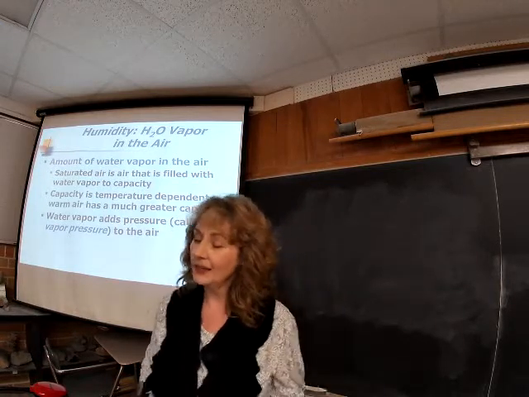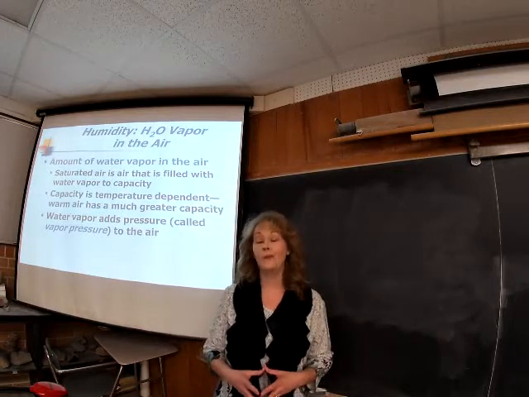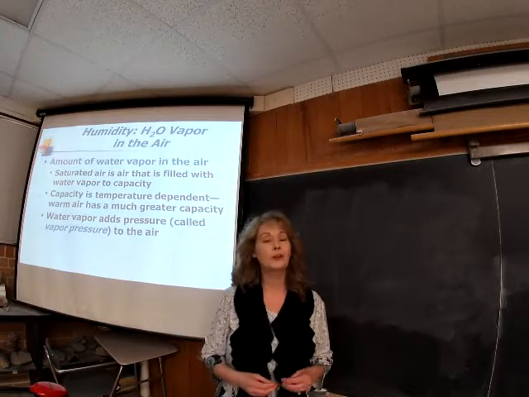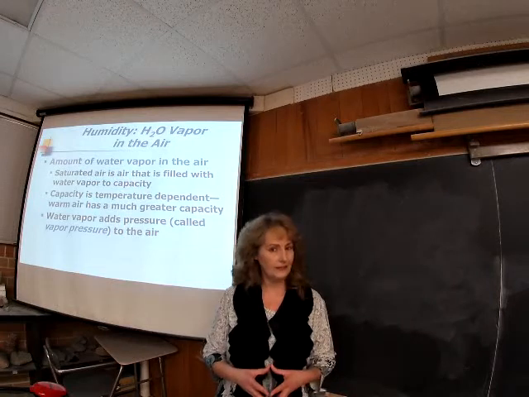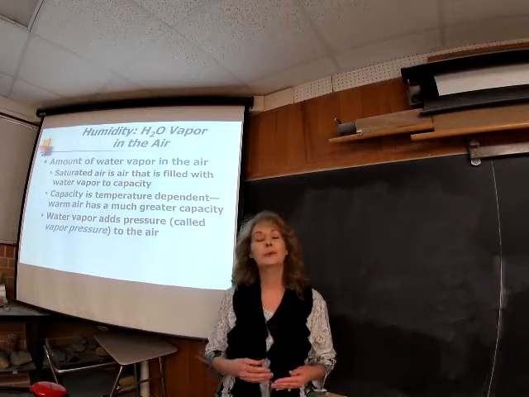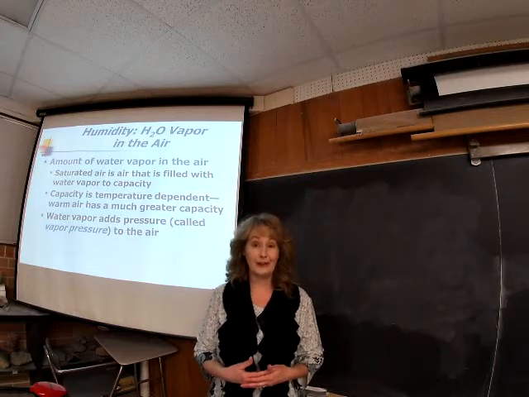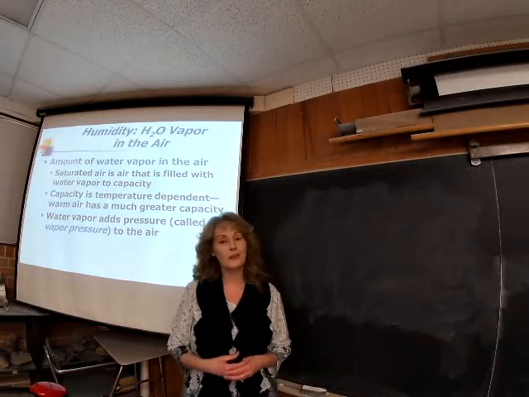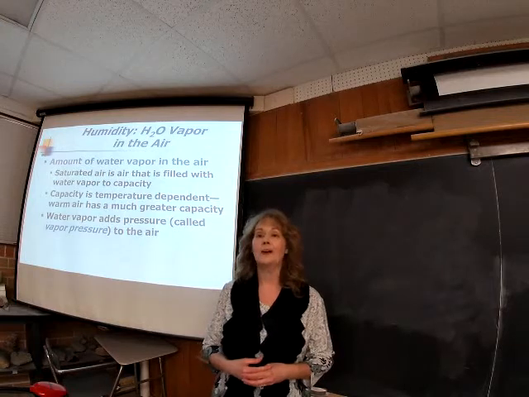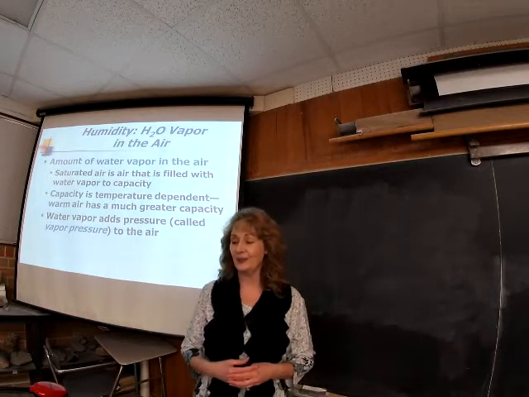So again, looking at the amount of water vapor in the air, this was called humidity. We did introduce that term in the last chapter when we talked about the elements of weather. Humidity was one of them, and that is something that meteorologists talk about every single day in their weather reports.